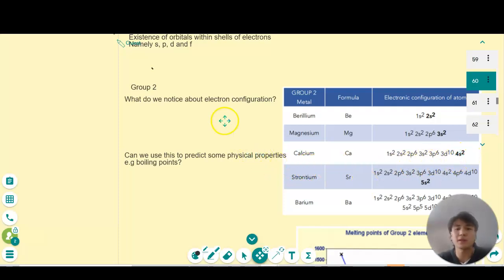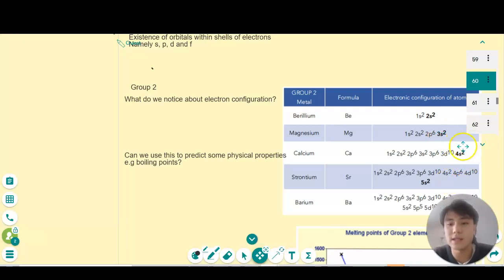So one of the first things I always like to ask students is, what do they first notice about the electron configuration going down a group, which is going down the periodic table? The first thing that you should notice in bold is that the outer electron, or the valence electron, is always in this s orbital, whether it's in the second shell, third shell, fourth shell, fifth shell.